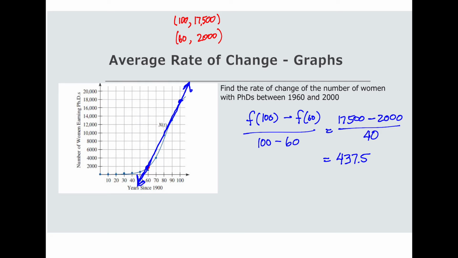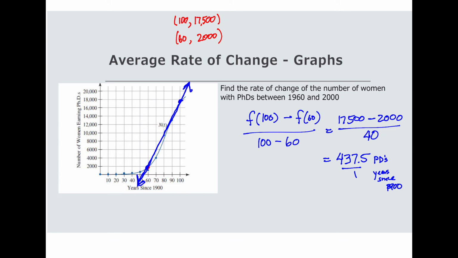And then we want to think of what are the y and x values here. This is 437.5 over 1, right? Any whole number that we have, or number with a decimal too, we can think of as just being over 1. And so when we look at the y's, remember, the y is on the top. Those are women with PhDs. And the bottom is years since 1900.